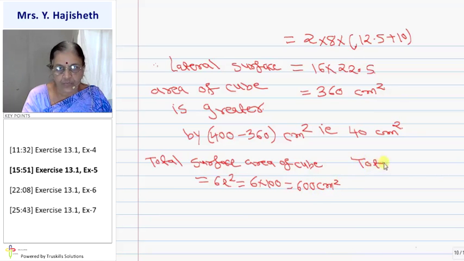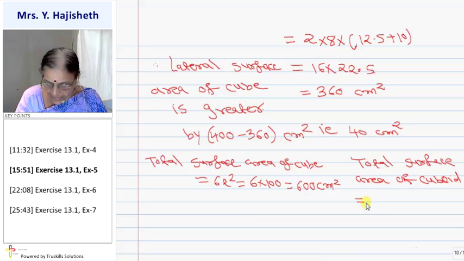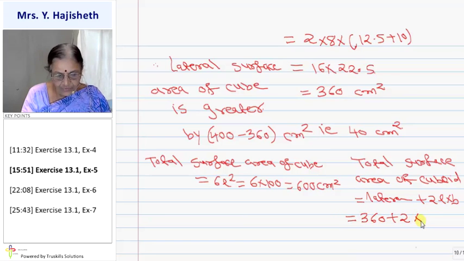And total surface area of cuboid is lateral surface area plus 2 times L into B. The lateral surface area we have already calculated, plus 2 times L into B. So lateral surface area is 360 plus 2 times L into B. L is 12.5 and B is 10.